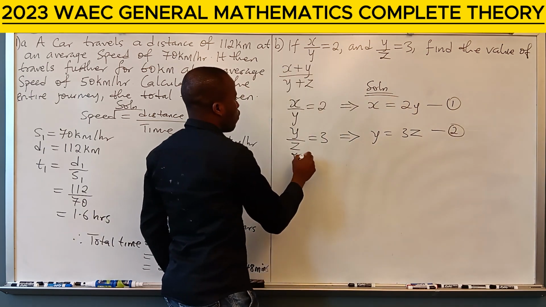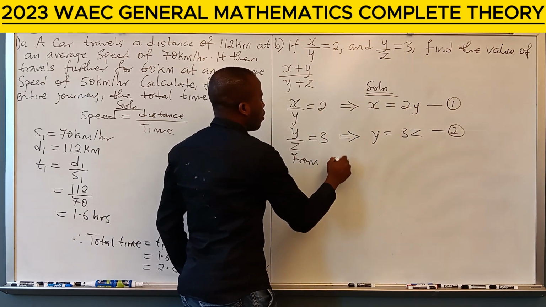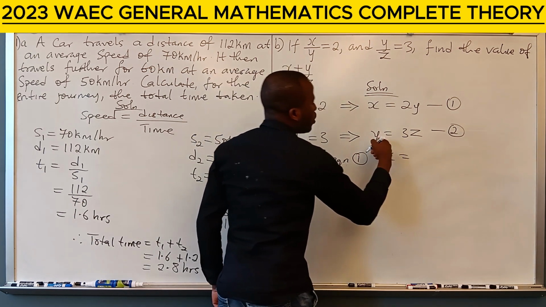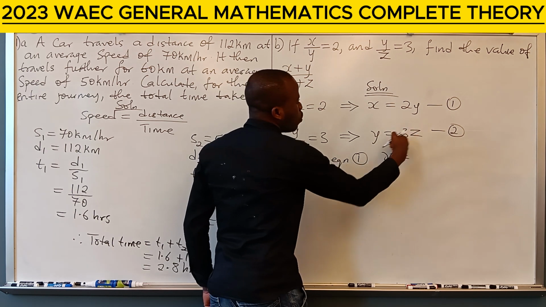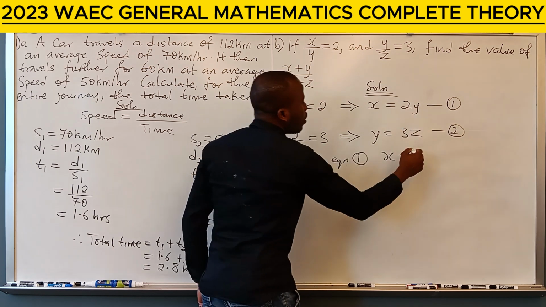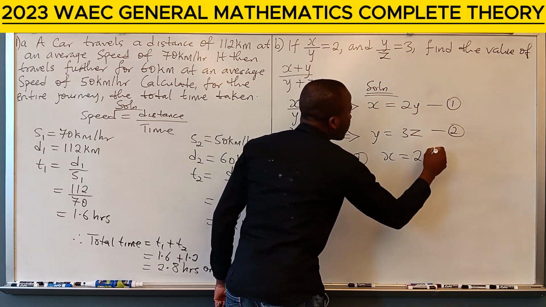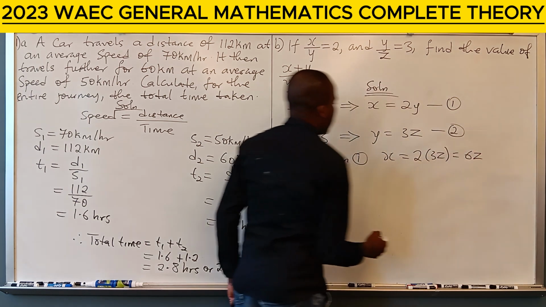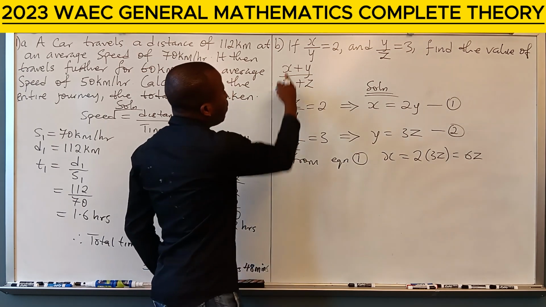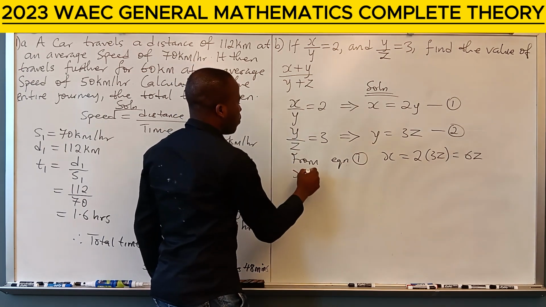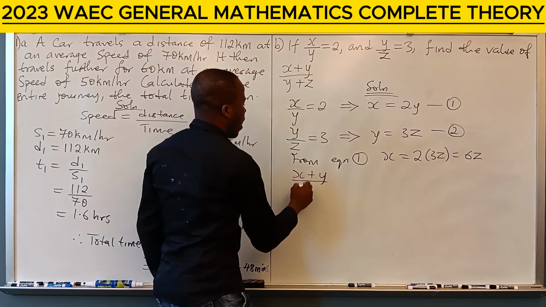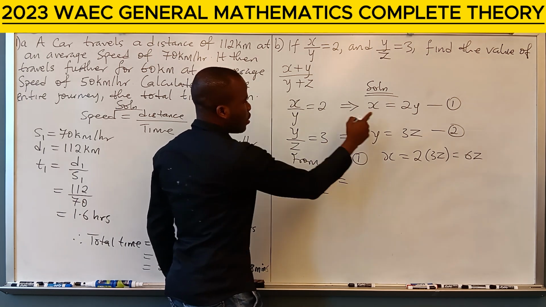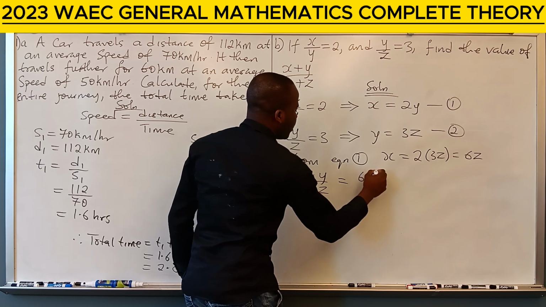So from equation 1, x will be, since y is 3z, we substitute 3z for y in equation 1, we'll have 2 bracket 3z, which is 6z. Now, to find the value of x plus y over y plus z, in place of x, we'll put 6z.